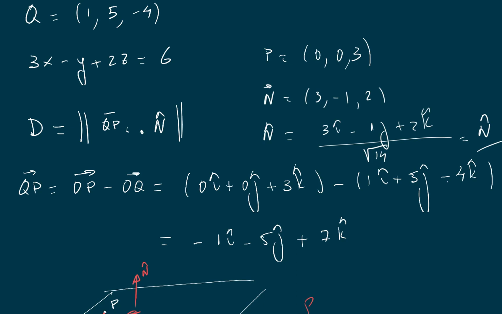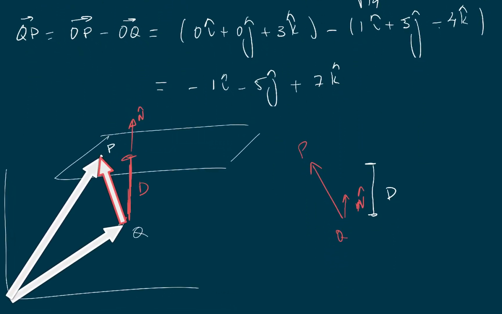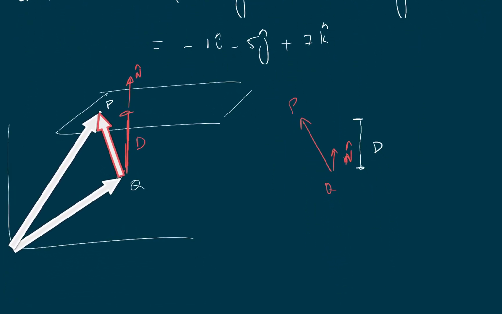So find QP. QP is OP minus OQ. OP is 0i plus 0j plus 3k. OQ is the vector that goes from O to Q, which is 1i plus 5j minus 4k. Subtract i by i, and you will have that QP is this vector. So let's now use our equation to find the minimum distance between the point Q and the plane.